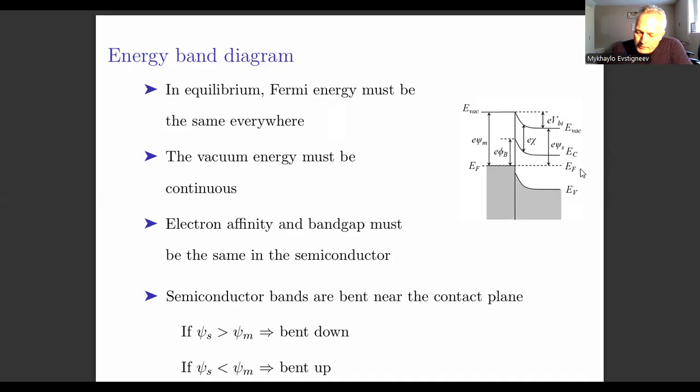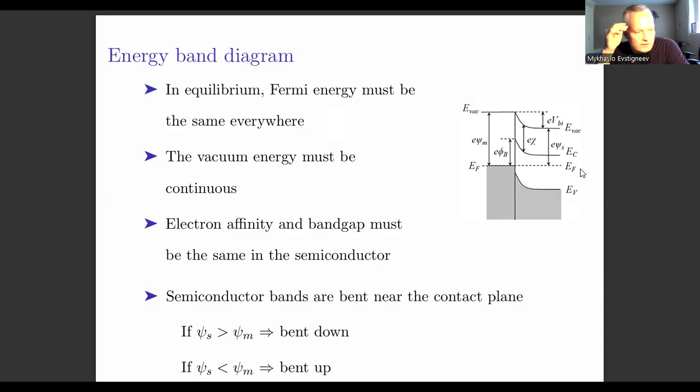So the spatial extent of the band bending can be estimated using the Debye length formula. It is inversely proportional to the square root of the charge carrier concentration.